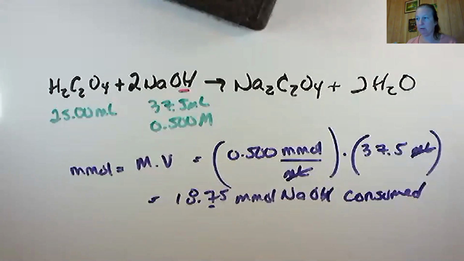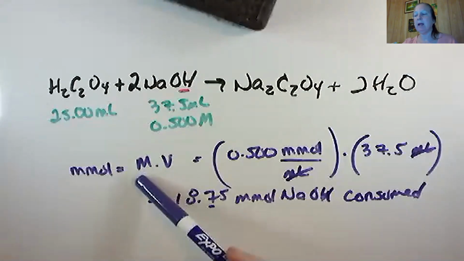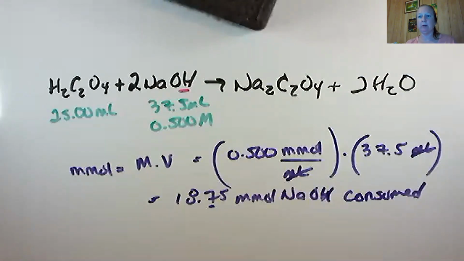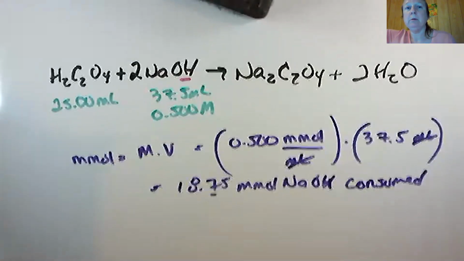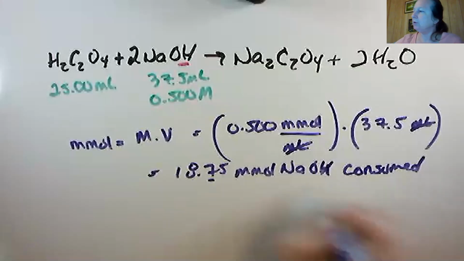Okay. I want to know how many millimoles of acid were consumed, because ultimately we're looking for the molarity of acid, which is going to be millimoles over milliliter. So I'm going to take this number, so I have my millimoles.